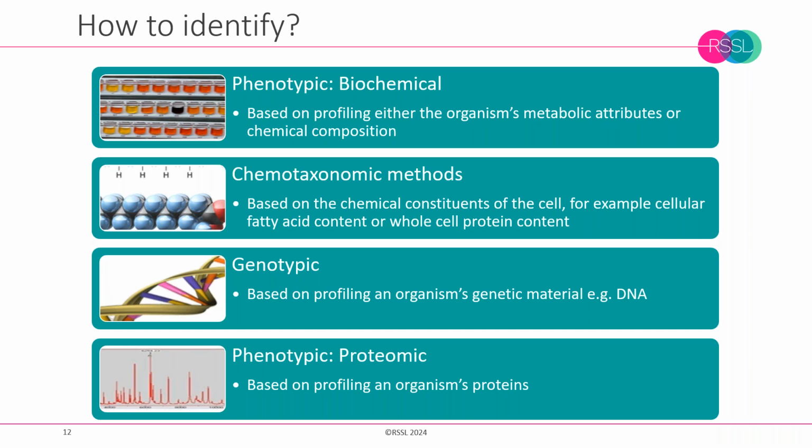We also have chemotaxonomic methods, which are based on the chemical constituents of the cell, like antigen content, cell wall composition, cellular fatty acid. So fatty acid analysis is almost like a separate group of identification methods.